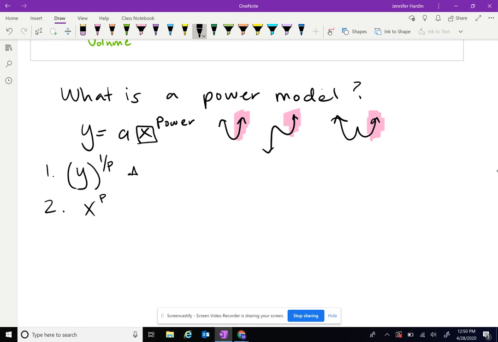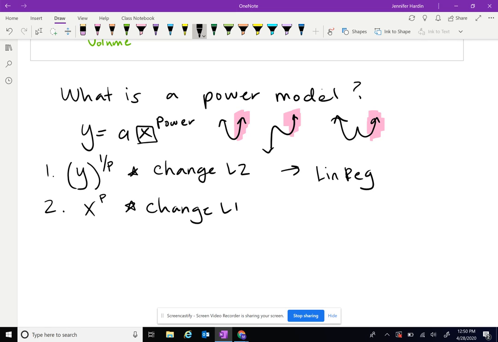So this is like changing list 2. This is changing list 1. And so that when you go to do your linear regression, here I would want to do list 1, which are your original X's, versus your list 3, which is your new Y's.